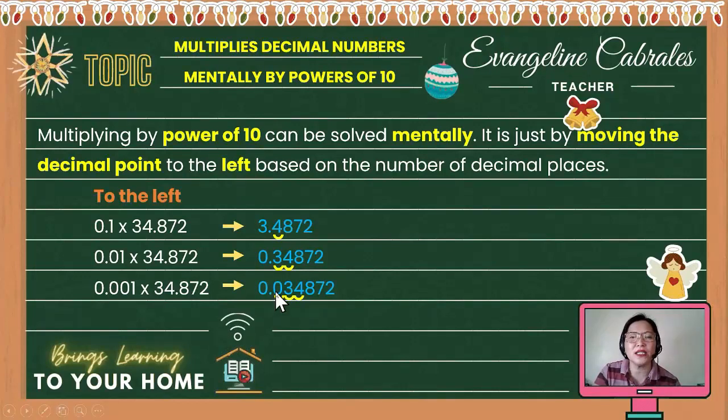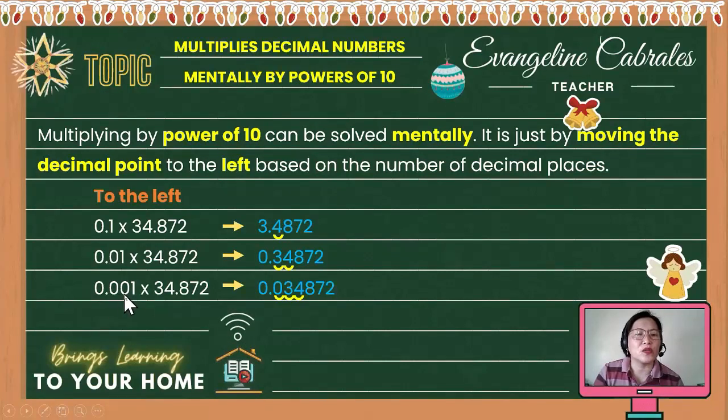Kapag kulang ang digit, maglalagay ka ng 0. Okay, tandaan yan ha. Kapag nag-usod ka, it's either pakaliwa o pakanan at kulang ang digit, lalagyan mo yon ng 0. So, dahil naglagay ka ng 0, nandito na ang decimal point sa unahan niya at maglagay ng 0 sa kaliwa ng decimal point to represent the whole number.